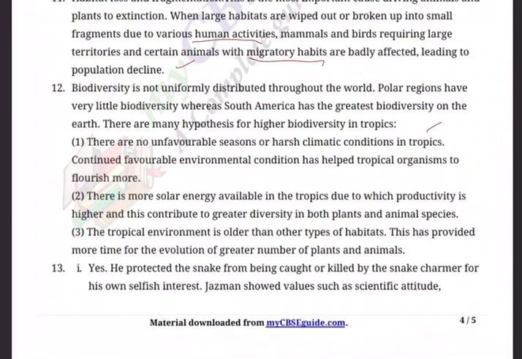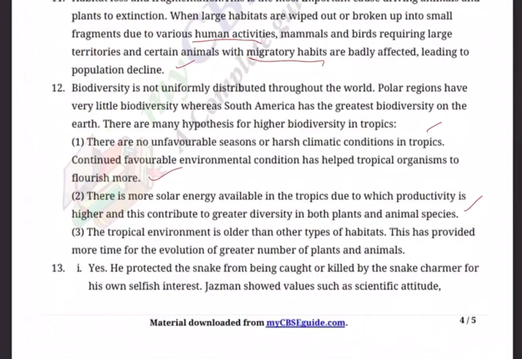Continued favorable environmental condition has helped tropical organisms to flourish more. Point 2. There is more solar energy available in the tropics, due to which productivity is higher, and this contributes to greater diversity in both plants as well as animal species.